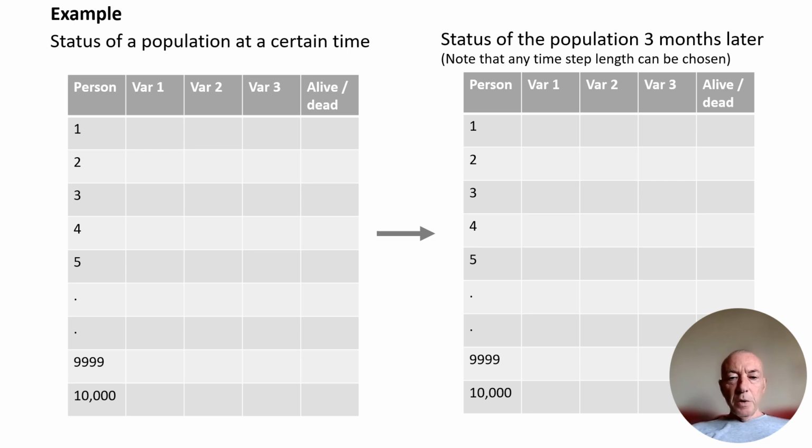And then our model is about how we update the values of those variables from one time step to the next. So we see here the status of the population 3 months later. Here we're using a 3-month time step, and we update the values of the variables for each individual in the population.